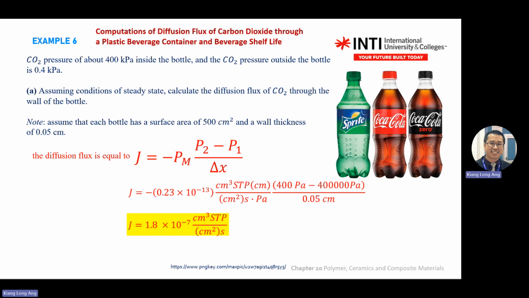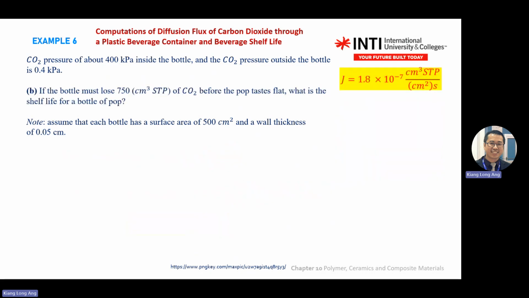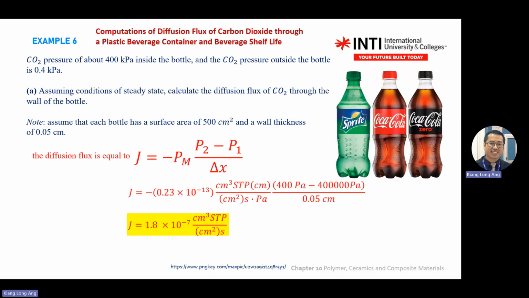The second question asks how long it can last. This is what you learn in your fluid mechanics: flow rate is Q. Flow rate, V dot, equal to J times A. You take J and multiply by the area. This is the volume per second.